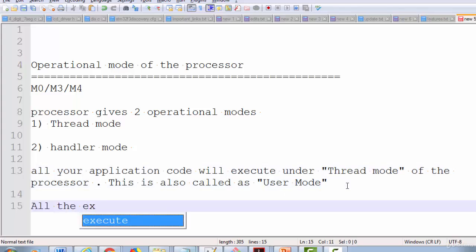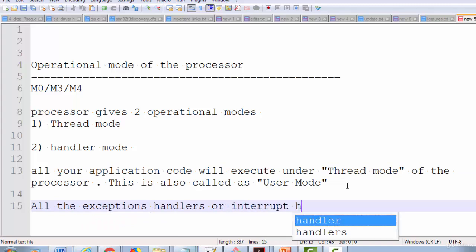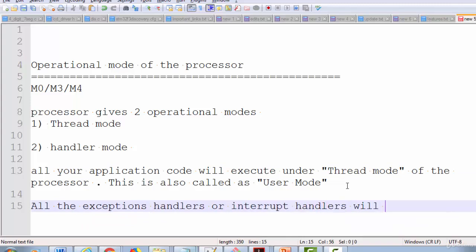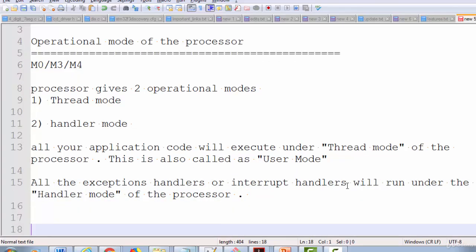Okay, all the exception handlers, or you can also call them interrupt handlers, will run under the handler mode of the processor. So that means whenever your processor hits any system exceptions or any interrupts which come from any peripherals, then the processor will immediately change its mode to the handler mode, and the interrupt service routine associated with that exception or interrupt will be executed under the handler mode.